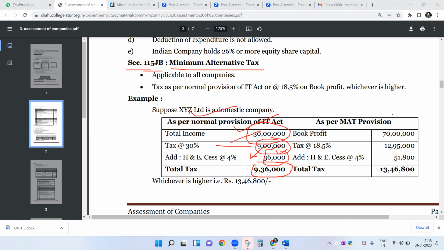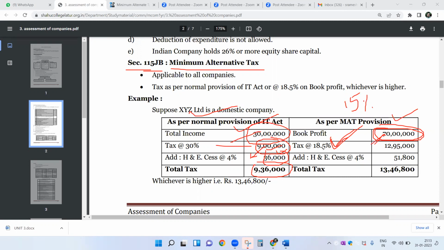Now, as per MAT provision, let us take for example that the problem gave book profit as 70 lakh rupees. In previous years the rate was 18.5%, but now it is only 15%. Please remember, MAT is now reduced to 15% from the previous 18.5%, but for your understanding I am continuing with this problem.